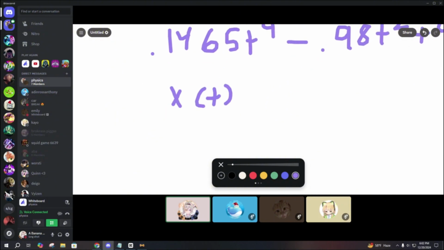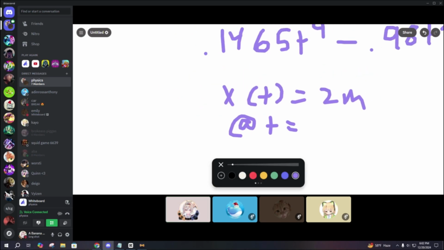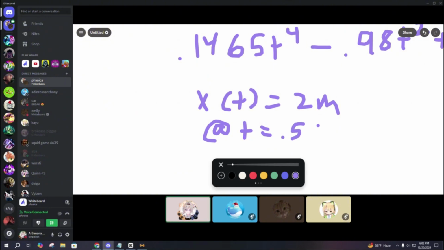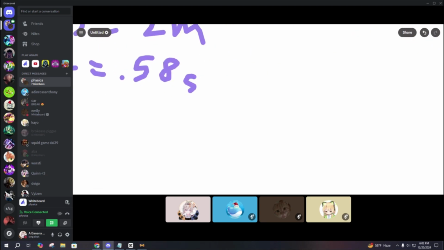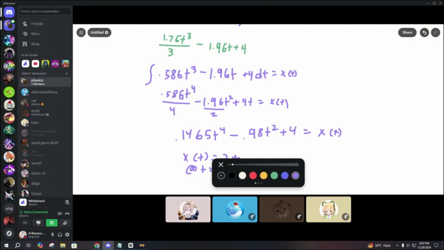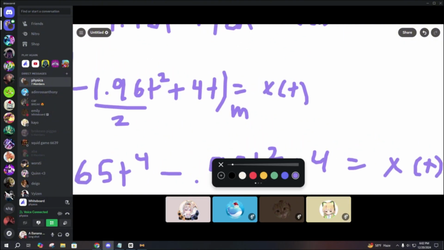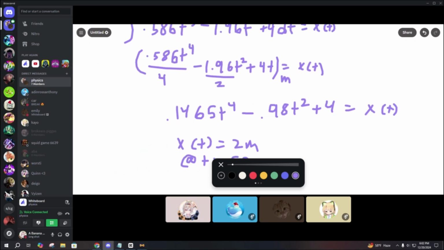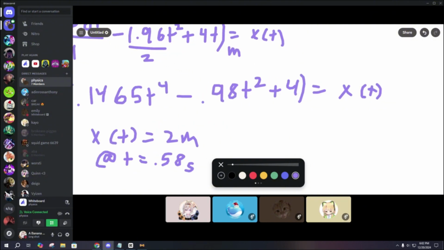And x(t) equals 2 meters. Graphing this, we get time equals 0.58 seconds. Just to clarify, this function is in meters. Same here, in meters.